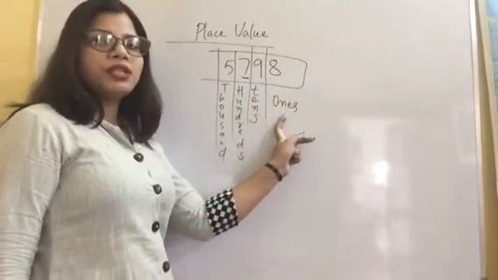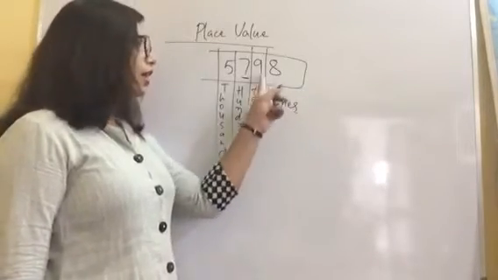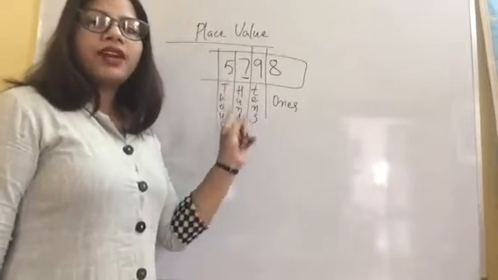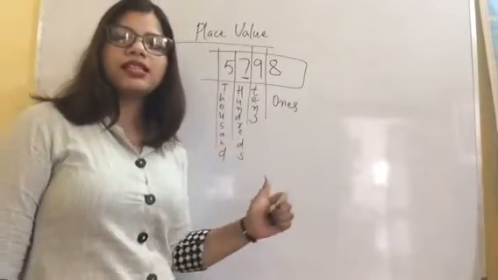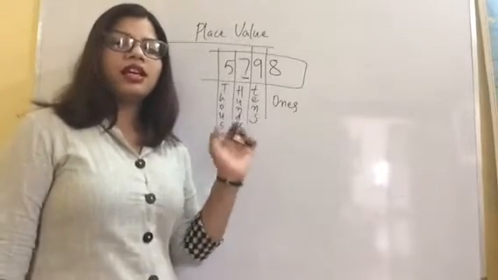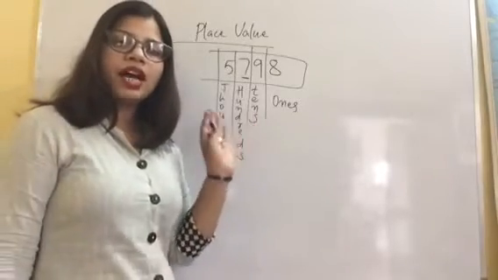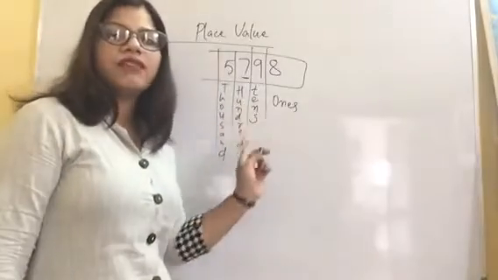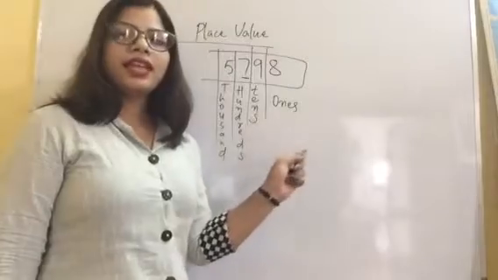So these are the places of every single digit of every number. 8 comes at ones place, then 9 at tens place, 7 at hundreds place, and 5 at thousands place. We have discussed this earlier, and using these places we have learned how to name a number. As 5 comes at thousands, we will write 5798.